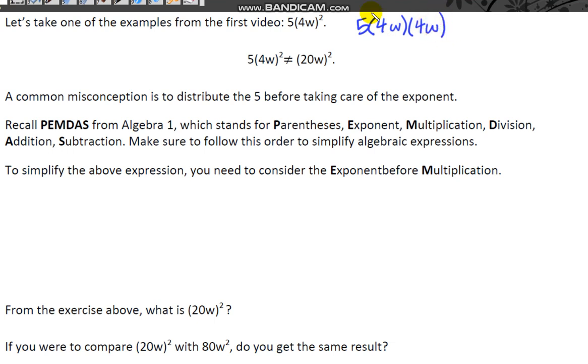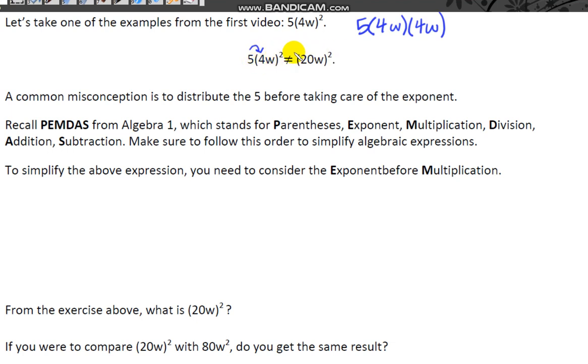times 4w, right? So one thing that I actually have seen, especially when I taught Algebra 2 last year, a lot of students seem to mess up PEMDAS. So what they would try to do is they would try to distribute this 5 in here and not consider the exponent first.